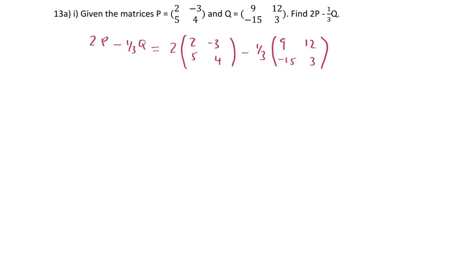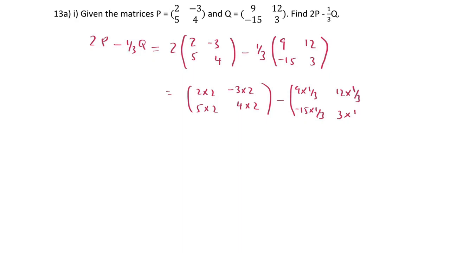We are going to have matrix 2 times 2, 5 times 2, negative 3 times 2, 4 times 2, minus matrix 9 times 1/3, negative 15 times 1 over 3, 12 times 1 over 3, 3 times 1 over 3.